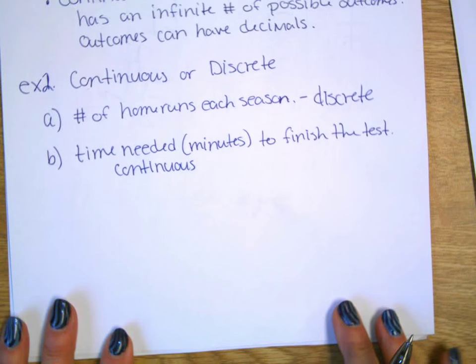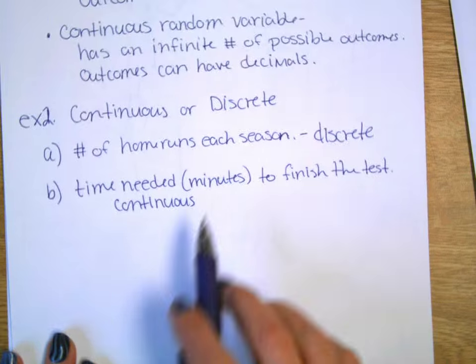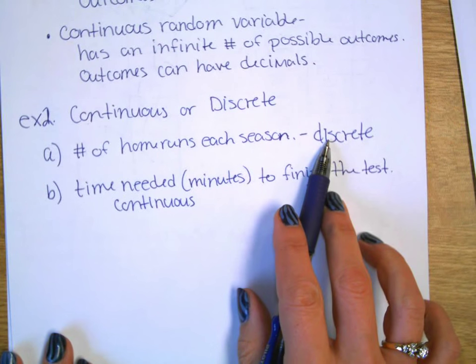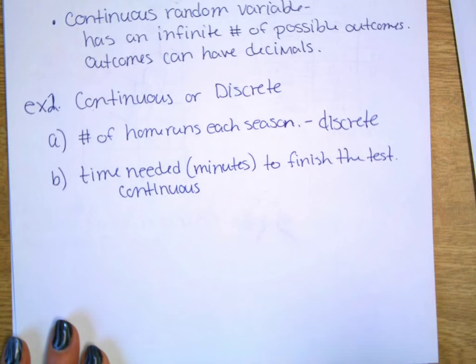Okay. The two conditions for a probability distribution. We're only going to work with discrete probabilities, by the way. We're not going to do anything with continuous. You just have to know the difference between the two.